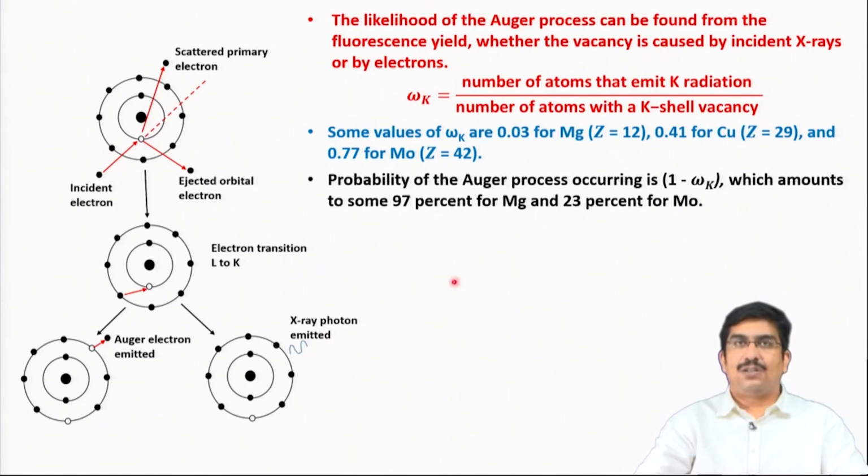The way we differentiate between them is the fluorescence yield, which is the number of atoms that emit K radiation versus the number of atoms with a K shell vacancy.